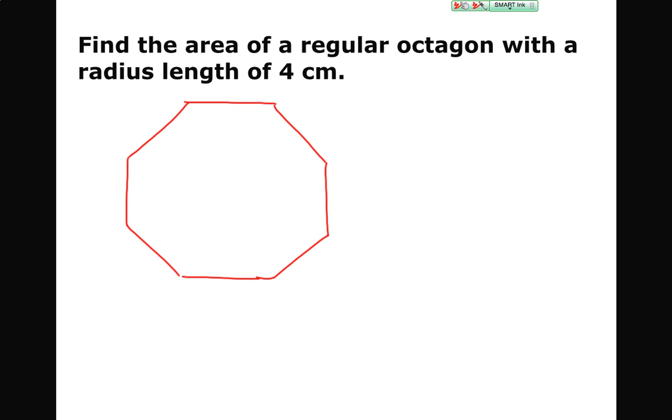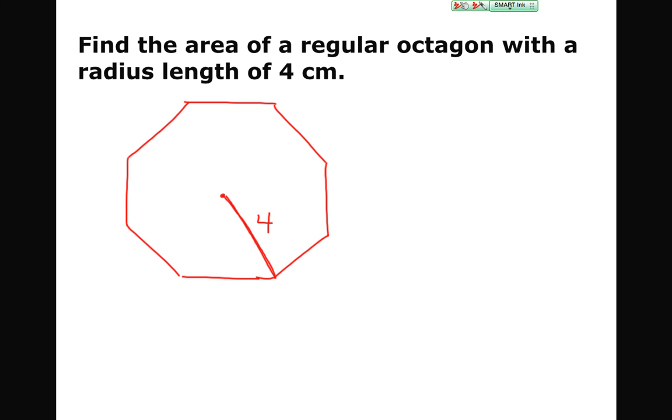Okay, the radius length of 4. So from the center, that's not the apothem. They're saying to this corner, that length would be 4, like the radius of your circumscribed circle. We know it has 8 sides, but we can't figure the perimeter or the apothem right now.